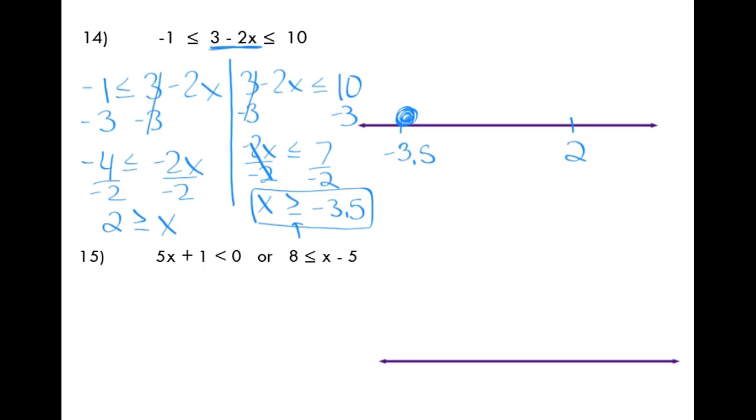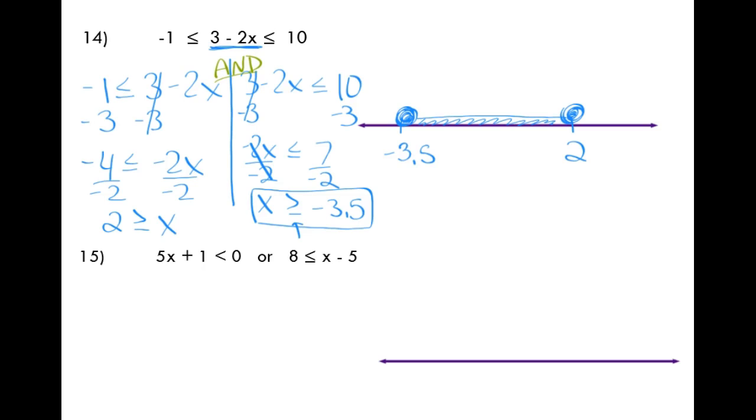And this is probably going to be an "and" statement. X is also less than or equal to 2, so again I fill this in and I go towards the middle. So this is an "and" statement. So it could have been written with the word "and" in between these two statements.